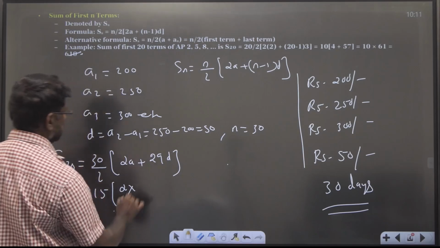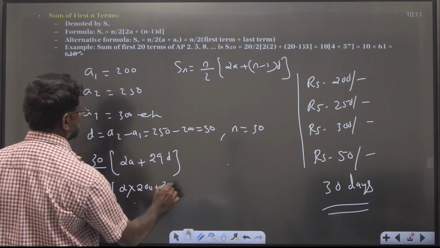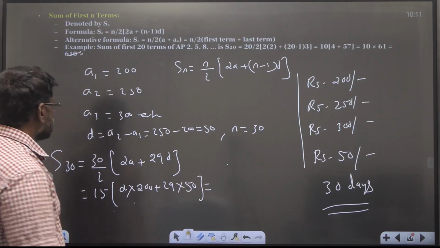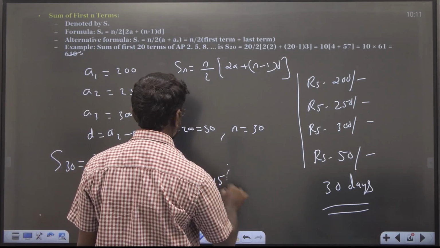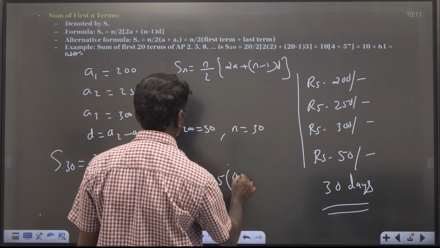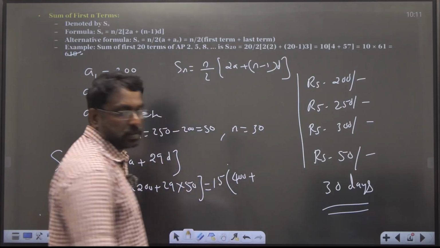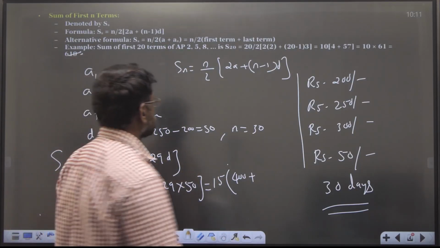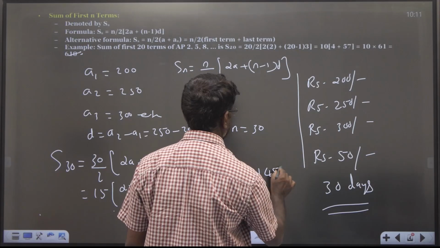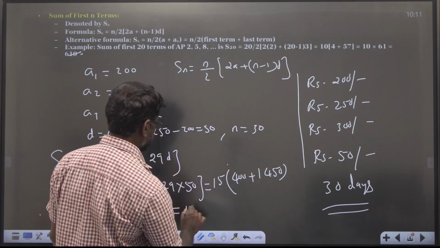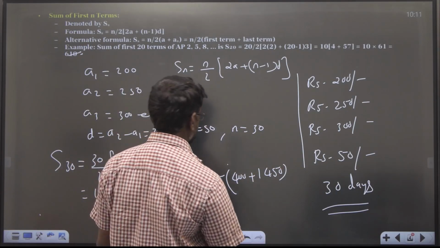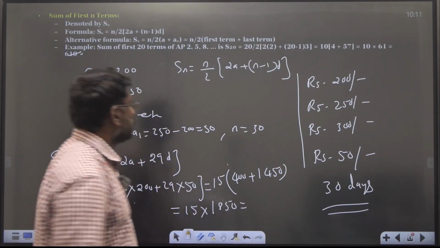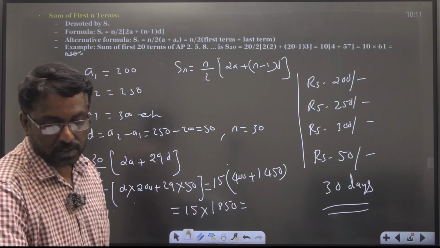First term, that is 200, plus 29 into, what is d? 50. So 15 into, in brackets, 400 plus 29 into 50, that is 1450. That is equal to 15 into 1850, since 400 plus 1450 is 1850.